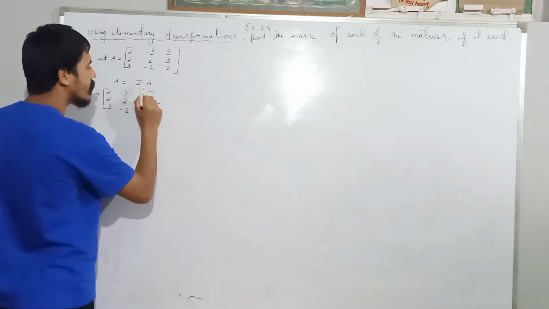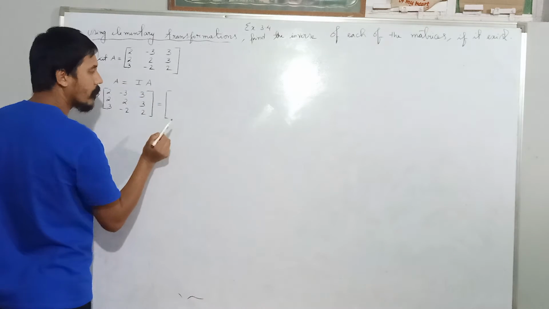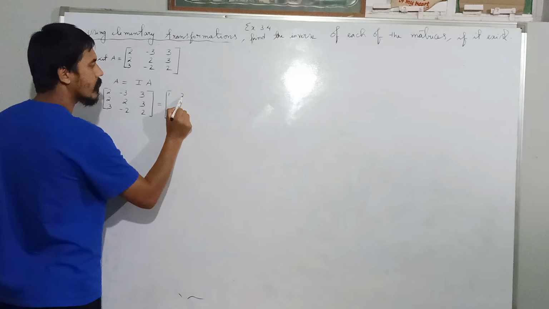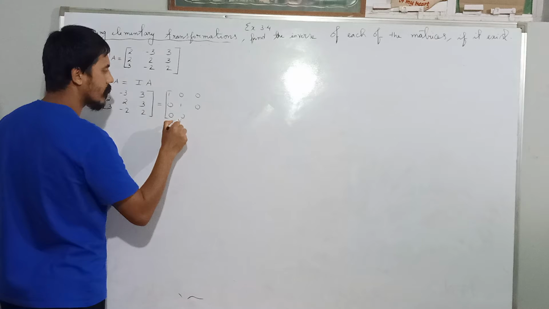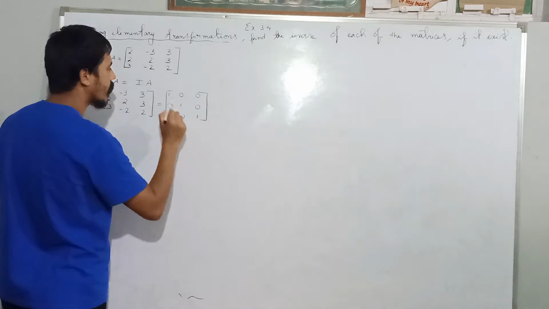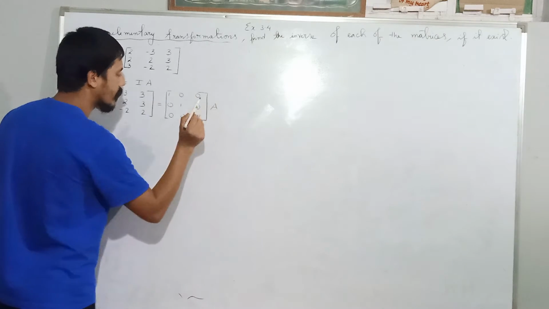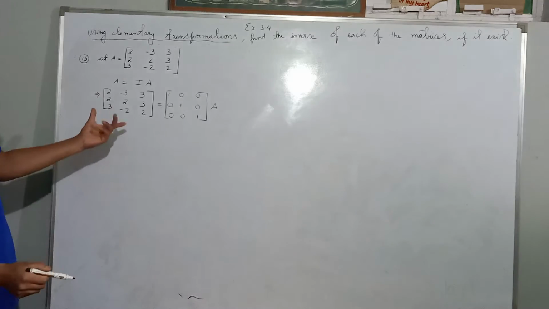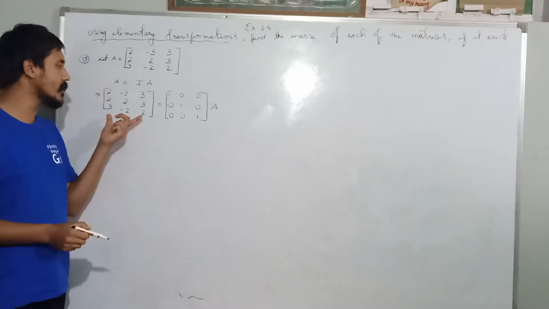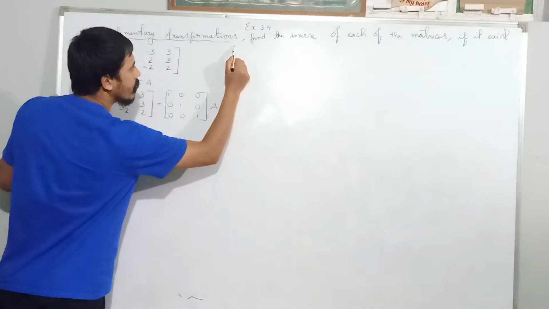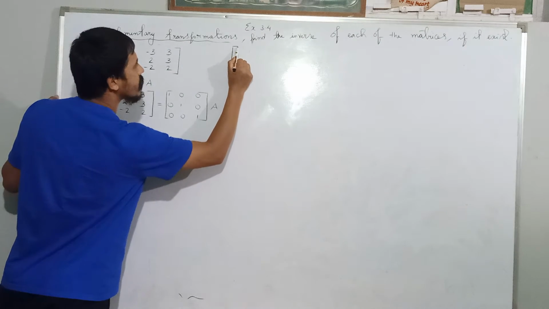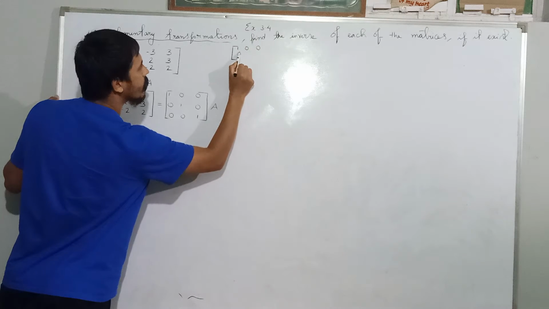I is identity matrix of order 3 now, 1, 0, 0, 0, 1, 0, 0, 0, 1 times A. So we are going to convert the matrix on the left hand side to the identity matrix, right? Your identity matrix is 1, 0, 0, 0, 1, 0, 0, 0, 1.